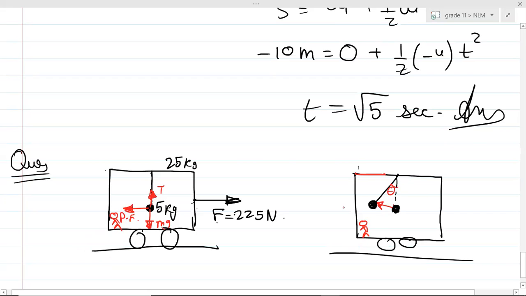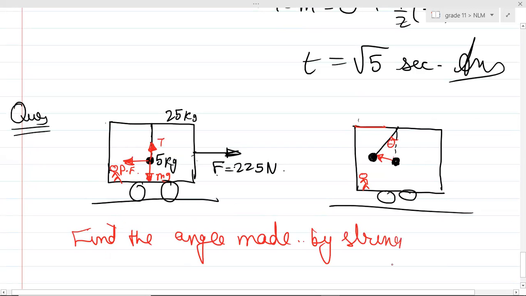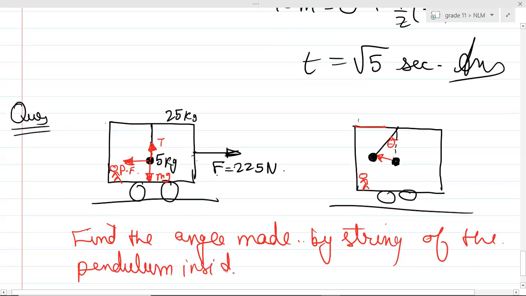So the question is, find the angle made by the string of the pendulum inside the moving car. So basically, you need to find out this angle theta.